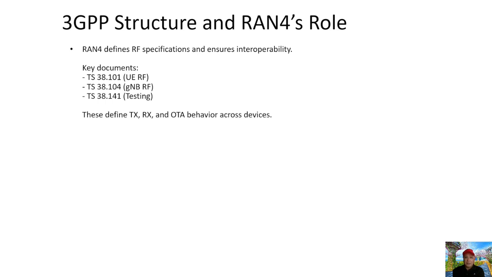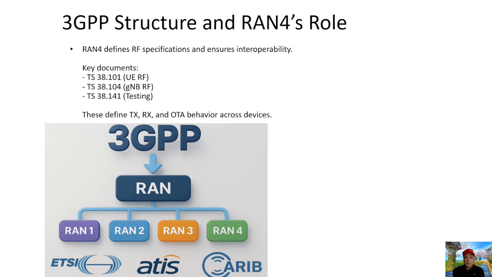They produce the technical specifications like TS 38.101, which is for UE RF requirements, TS 38.104, which defines the base station RF requirements, and then TS 38.141, which defines the test procedures. These documents define how transmitters, receivers, and over-the-air performance must behave, ensuring devices from different vendors work seamlessly worldwide.